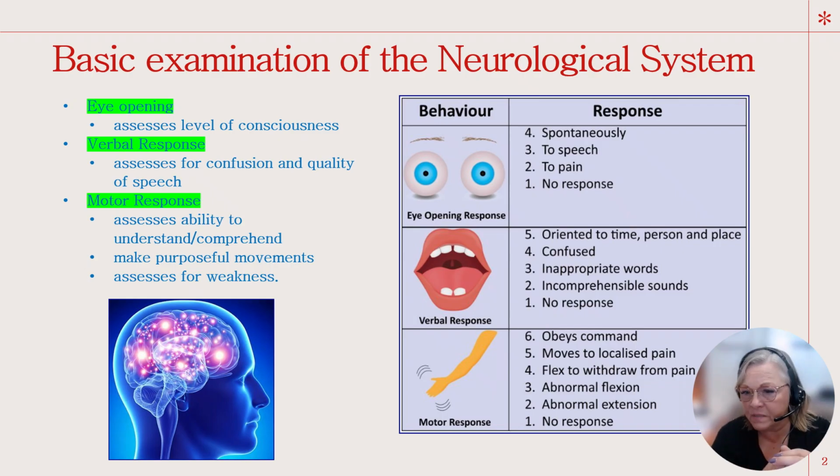And then motor response is testing their ability to follow commands and that the muscles and the joints are doing what they're supposed to and they're talking to the brain. That's very layman's terms, but that's what those three areas are. So you must know, and we're going to practice in lab, eye-opening, verbal response, motor response, and the things that you do within those to do your assessment.